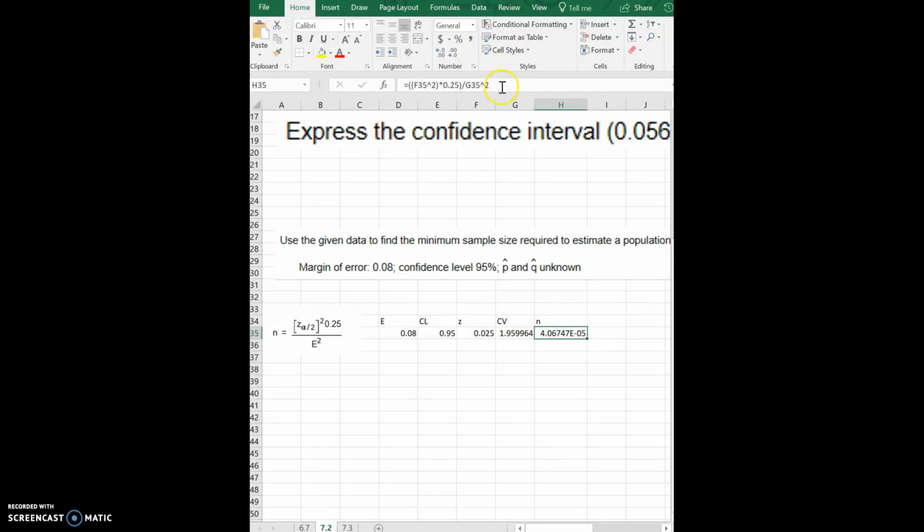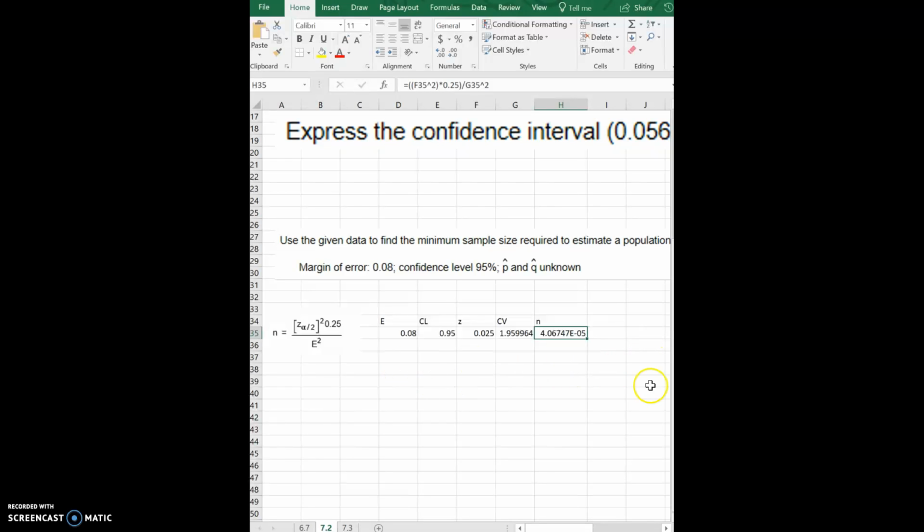So in all reality, if I just kept rounding it off, it would be 0.0004 something like that. That would be your answer for this one.